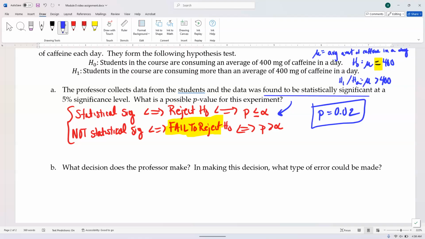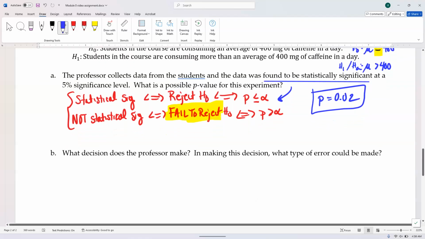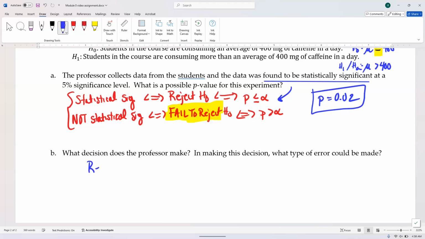Okay. And then part B may have been answered in this as well. So what decision? In terms of a decision, that's rejecting or failing to reject. So if my p-value is low, I would reject the null. Okay? And then in rejecting the null, there are two types of error.